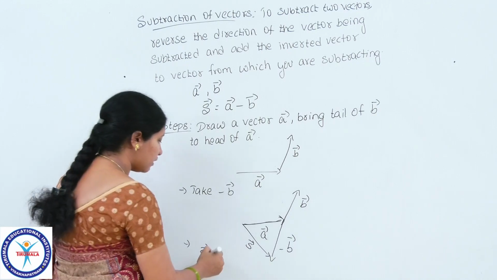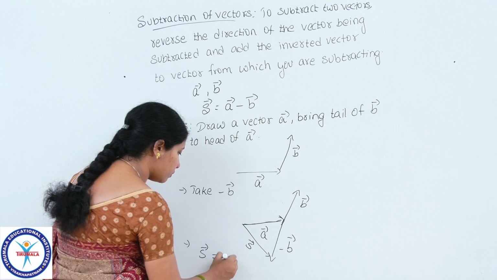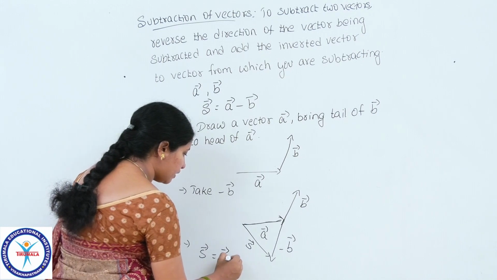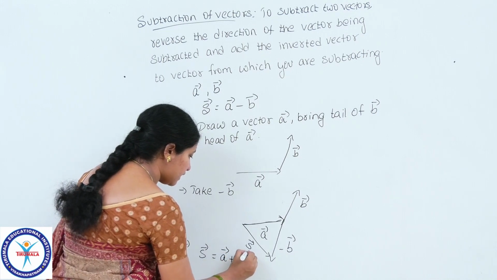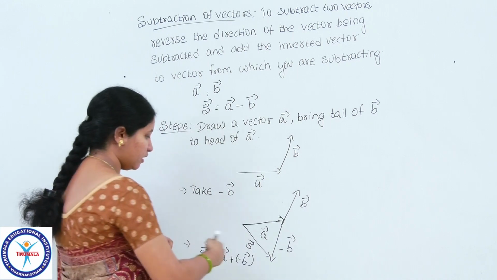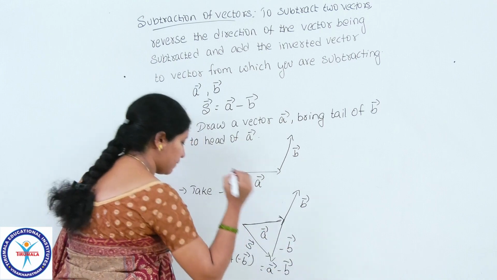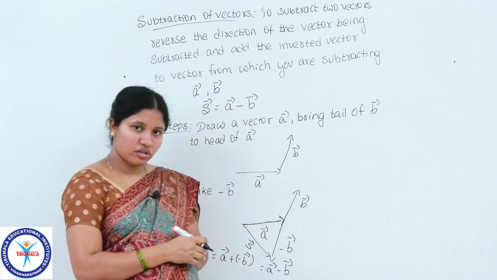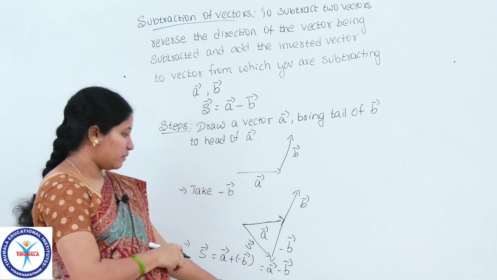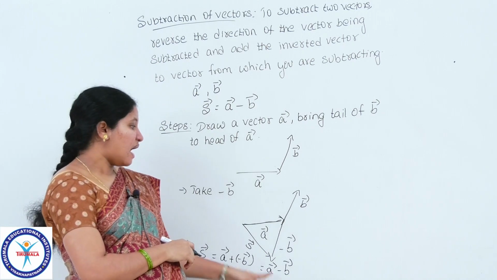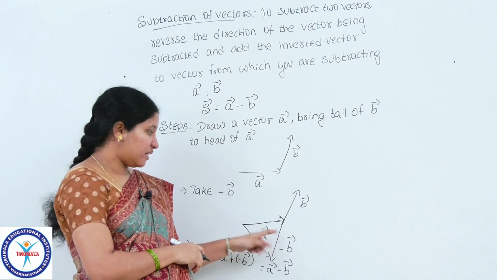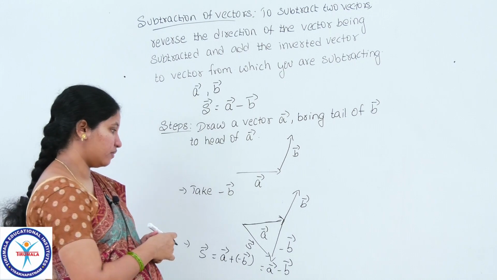So, we get the resultant S bar equal to A bar plus minus B bar, which can be written as A bar minus B bar. So, the subtraction of vectors S bar can be written as A bar minus B bar, and it is shown graphically as shown in the figure.